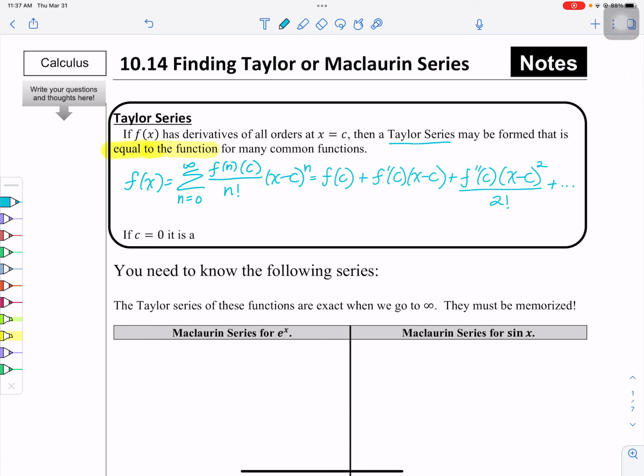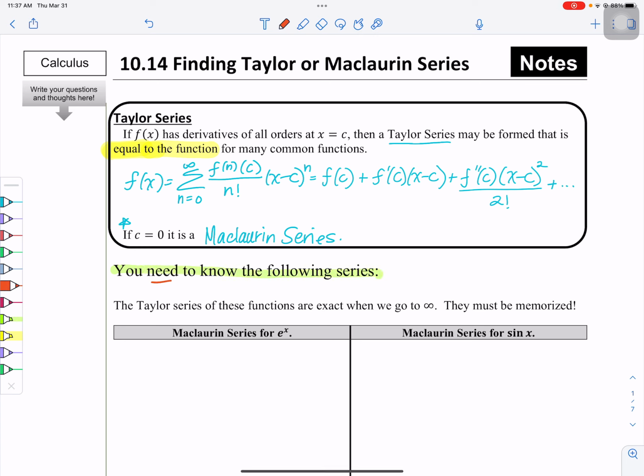So what about if the center is 0? You guessed it, we have a Maclaurin series. I will tell you, we will be working more with Maclaurin series at this point than Taylor series. So the center will be 0 quite often. Now, here's where the memorization comes in.